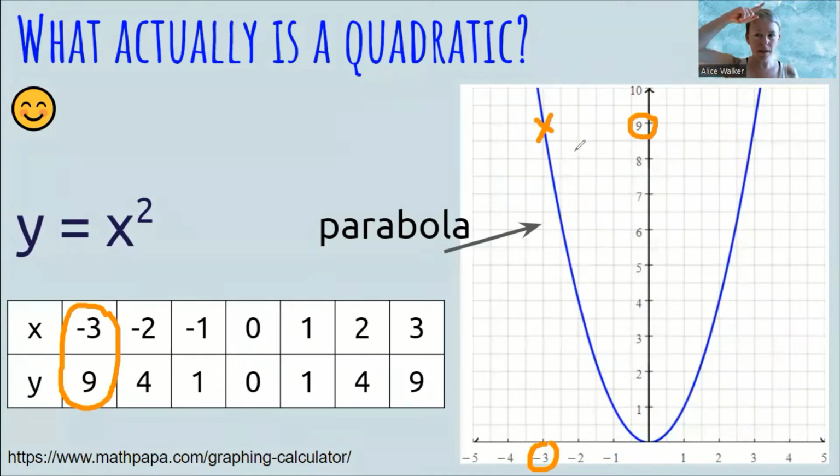So the reason why it makes this characteristic U shape, which is called a parabola, is because the negative numbers square to make positive numbers. So you can see there, +3, there it is on the x-axis, also squares to make 9.